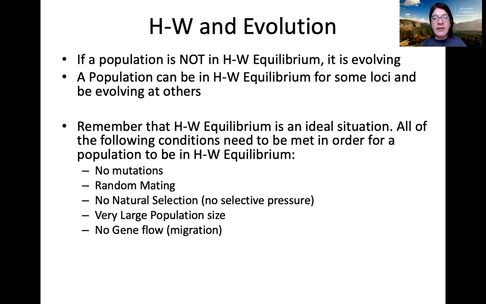There's no selection, no selective pressure. The population is very large in size, so there's no genetic drift, bottleneck effects, and so on. And there is no gene flow, there's no migration. All of these conditions need to be met for us to say that the population is in Hardy-Weinberg equilibrium. Okay, and this is the end.